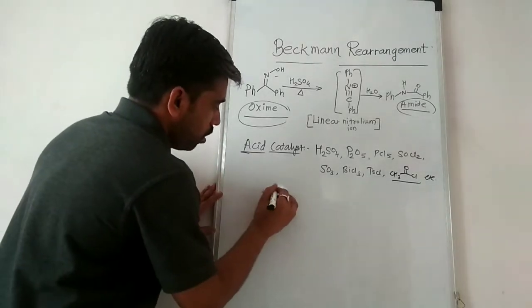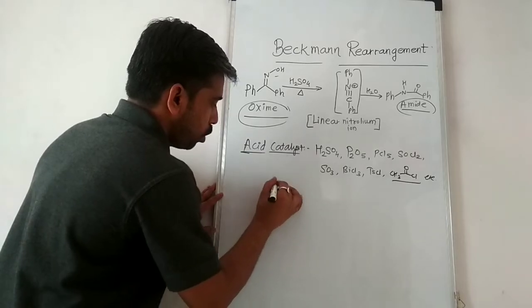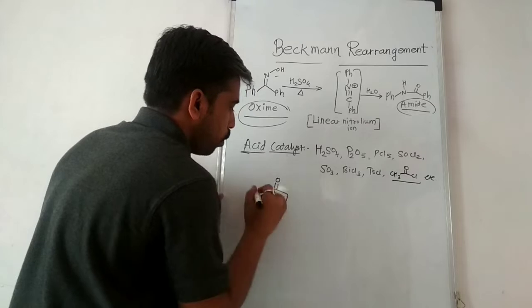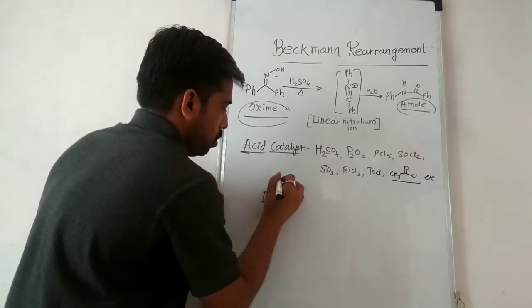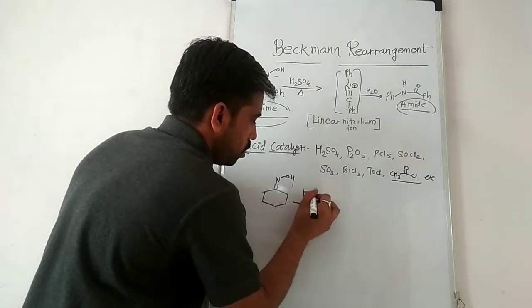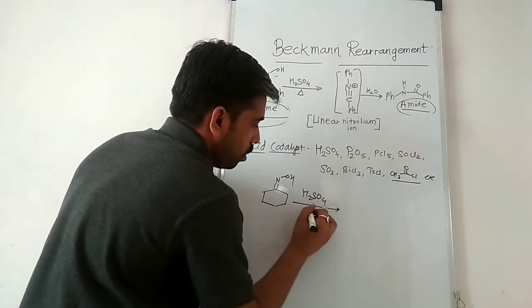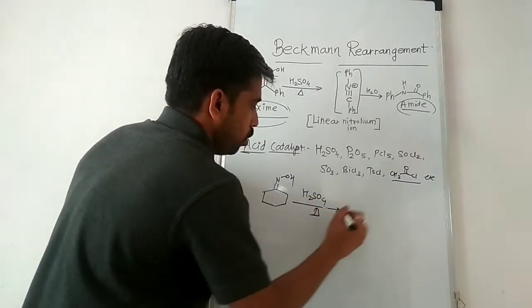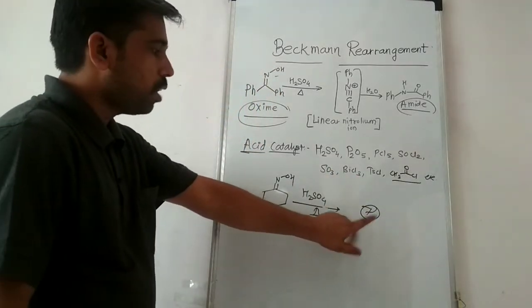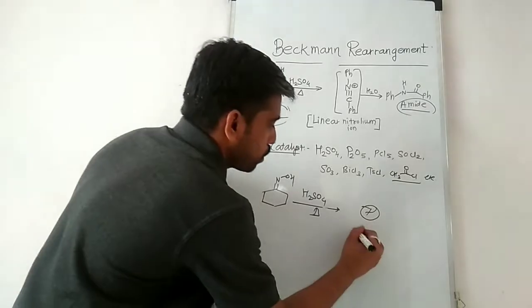Because let's see this reaction for the formation of caprolactam, or epsilon caprolactam. The condition is the same, H2SO4 and heating condition. We get here a 7 member ring, a 7 member amide ring. That is epsilon caprolactam.